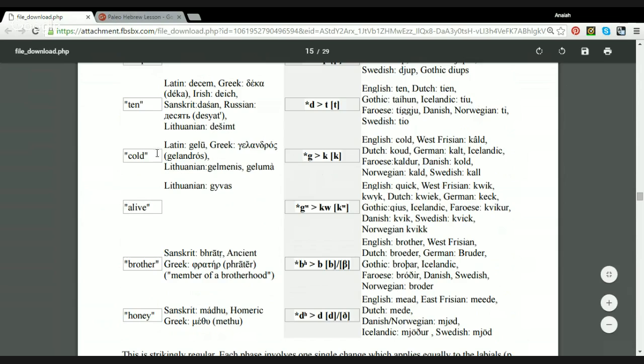Then cold in Latin is gelu. Greek is galandros. Lithuanian gelmenos, geluma, and then ginas. Right here we've got cold, because C is similar to G, remember? And then K as well. Cold, kald, kud, kalt, kalder, cold, called.